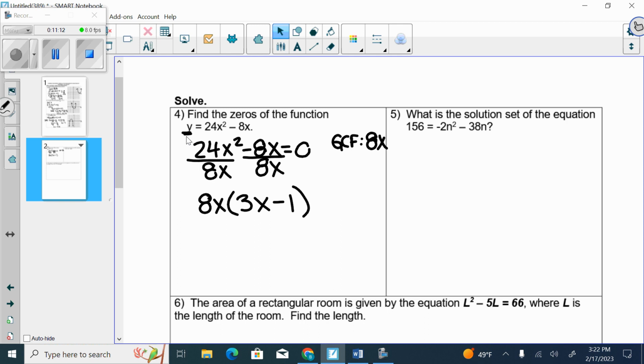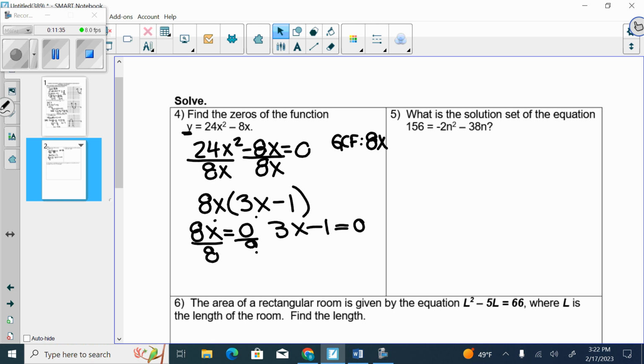Now that I have my factors, I take them and set them equal to 0. So I have 8x equals 0 and 3x minus 1 equals 0. Alright, so if I want to get x by itself, how do we get rid of that 8? Divide.